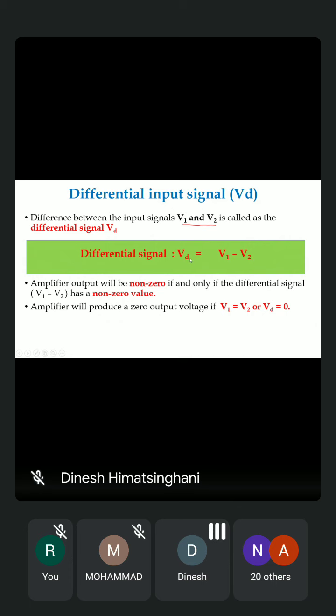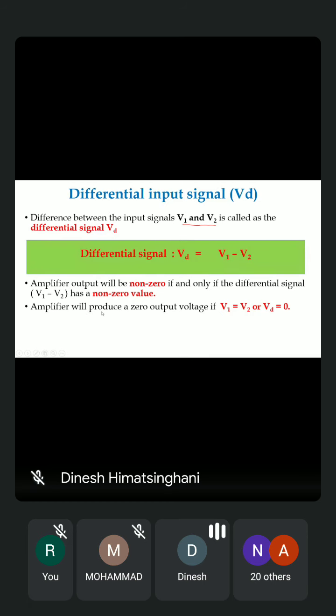Now let us work on this formula. When will the output of the differential amplifier be 0? The output will be 0 only when V1 is equal to V2.